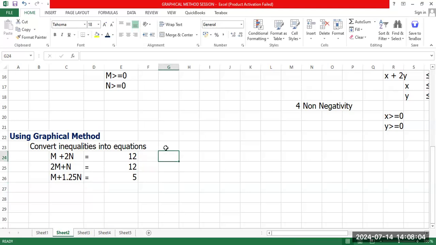And this is your equation 1. Now, this is no longer an inequality, but it is an equation. This is equation 2. Then this is equation 3.